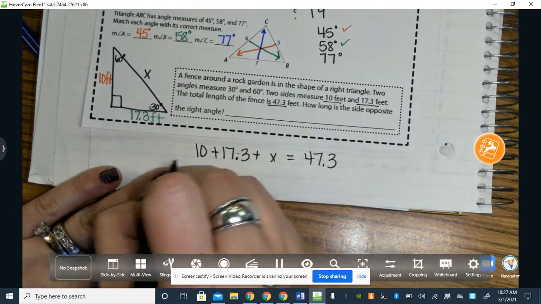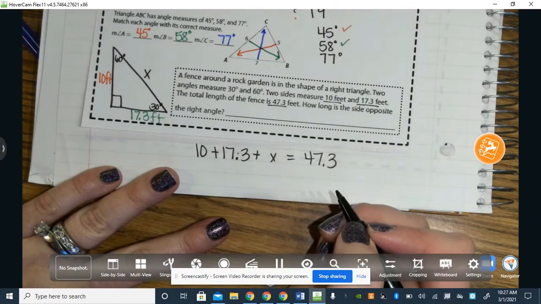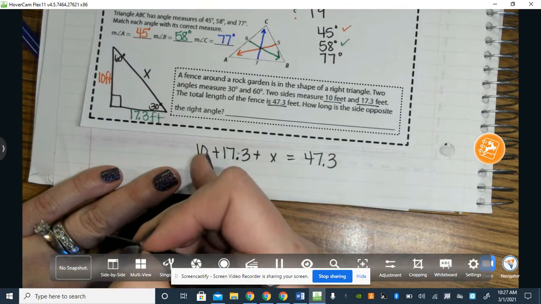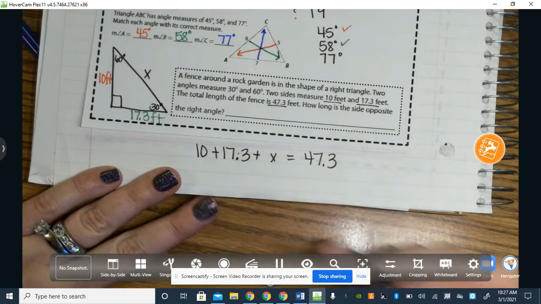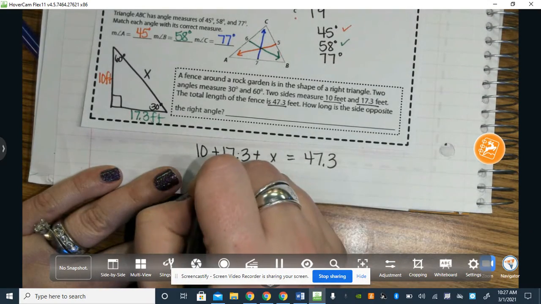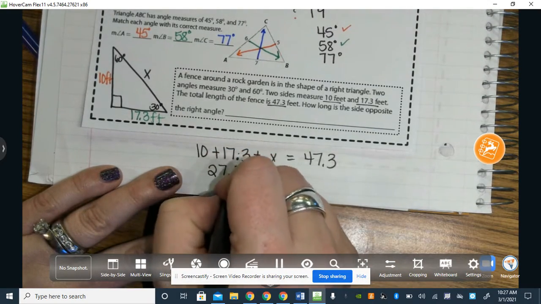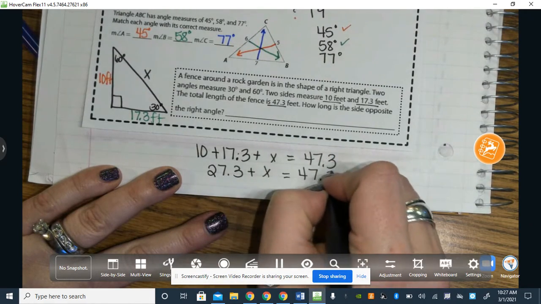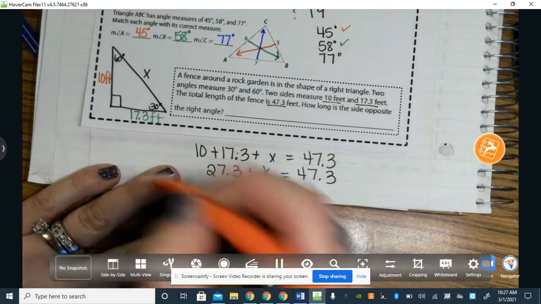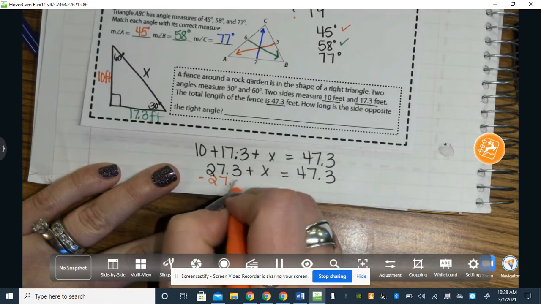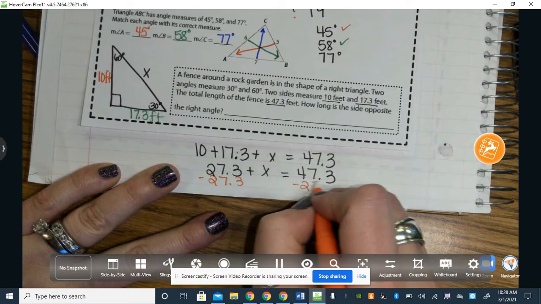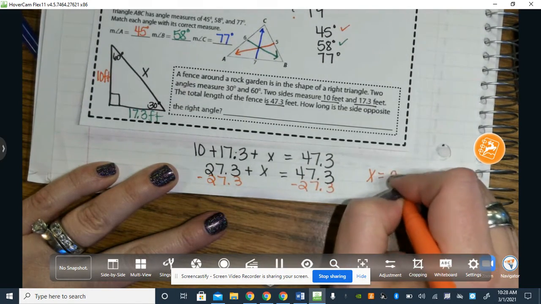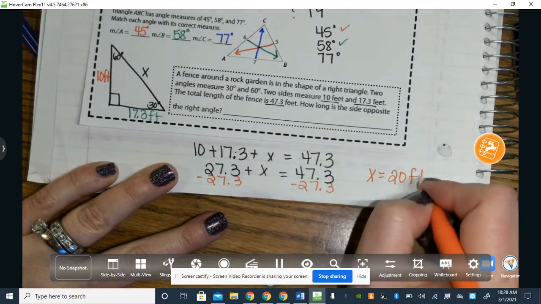So if we add up what we know, 10 and 17 3/10 gives me 27 3/10 plus X is equal to 47.3. So then we need to subtract that 27 3/10 from each side, which gives X equal to 20 feet.